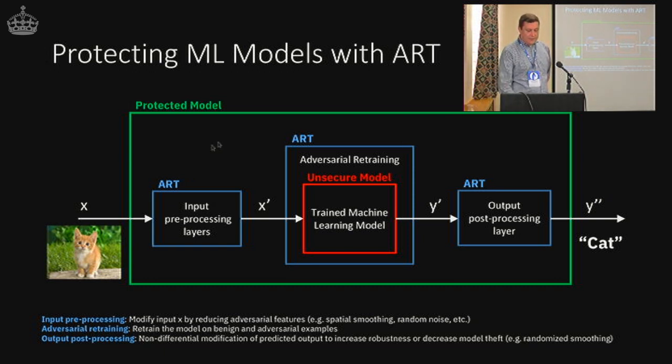Then we have a large group of input pre-processing methods that slightly modify your input image to try to remove adversarial features. And then we also have output post-processing layers that often do non-differentiable modification of the predicted output to increase the robustness and also to increase the difficulty of stealing the model.